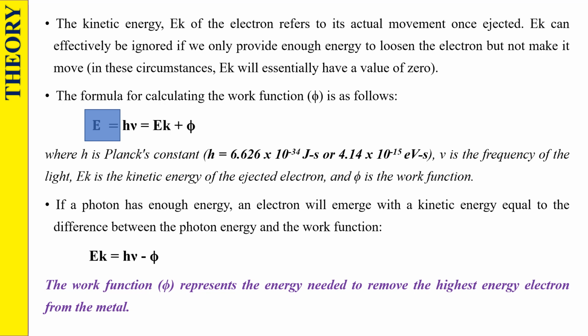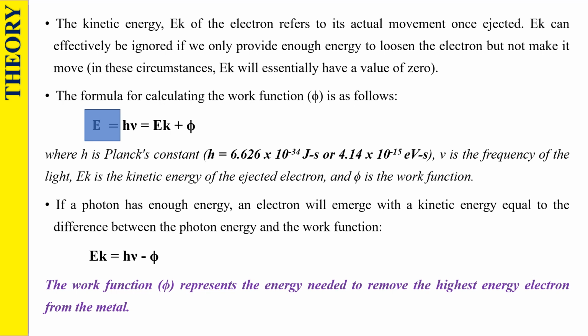v is the frequency of the light. Ek is the kinetic energy I've mentioned earlier, and phi is the work function. So if a photon has enough energy, an electron will emerge with a kinetic energy equal to the difference between the photon energy and the work function.